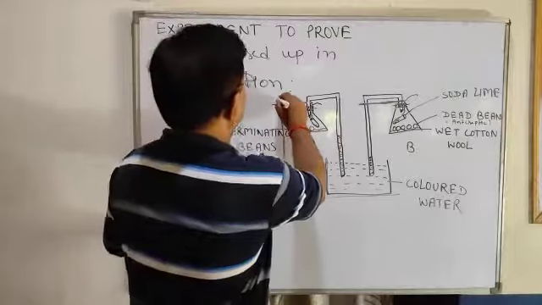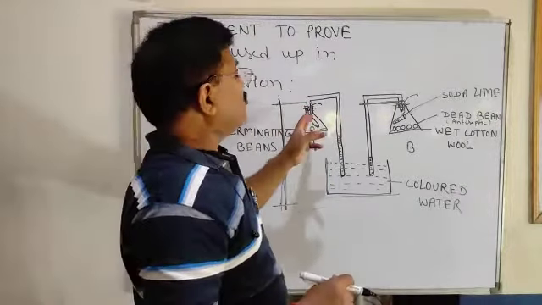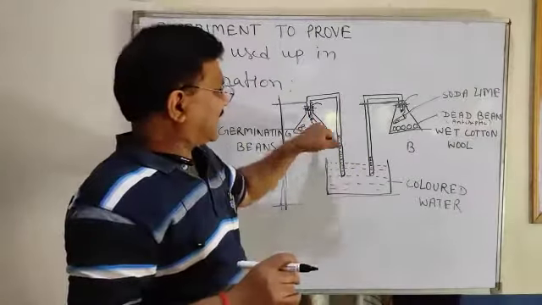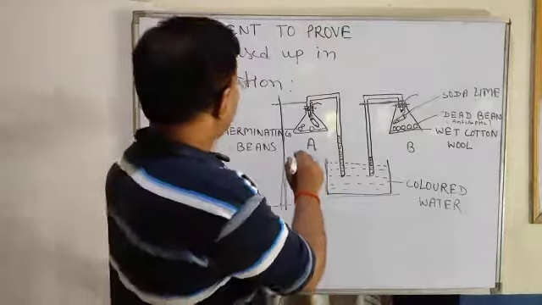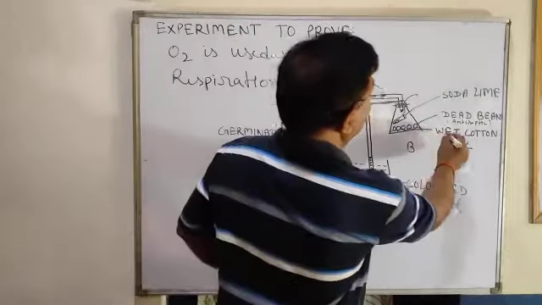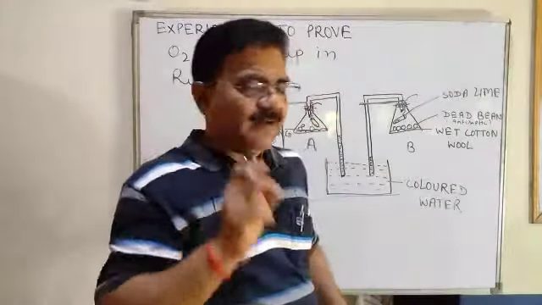This is a stand, and on this stand we fixed two conical flasks, cone shaped flasks, and in the conical flasks we have kept wet cotton wool. Cotton we have put in water, it became wet.